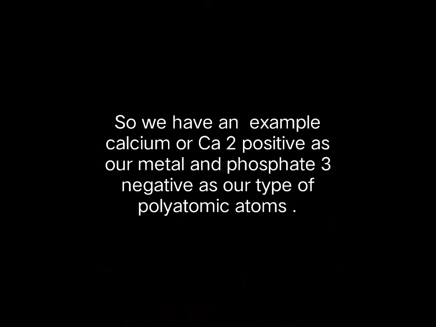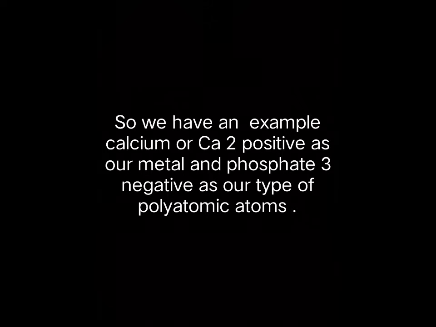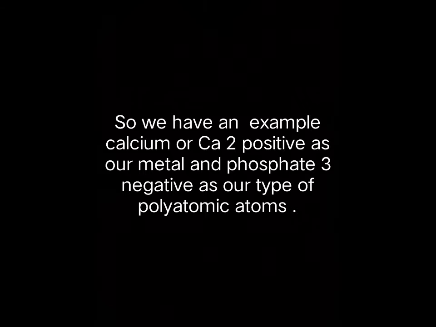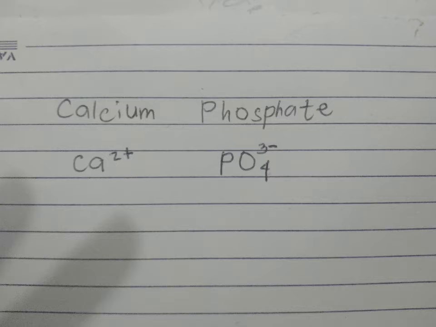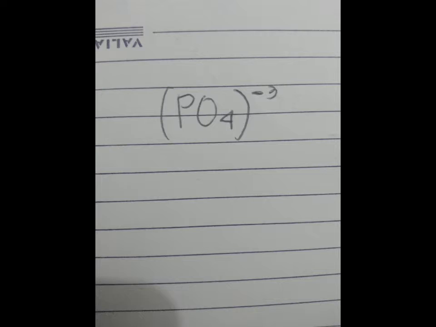So we have an example: calcium, or Ca 2 positive, as our metal, and phosphate, 3 negative, as our polyatomic ion. Calcium phosphate. So calcium has 2 positive charges, phosphate 3 negative. To balance charges, we need to place phosphate in parentheses to isolate the phosphate group.